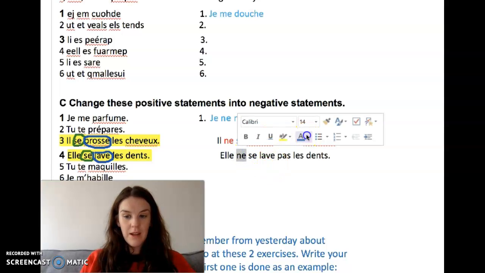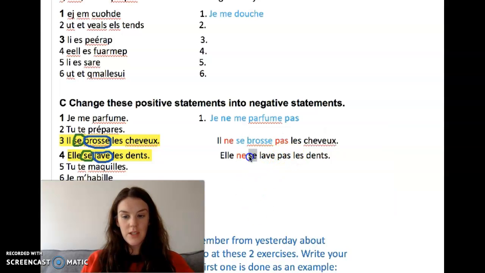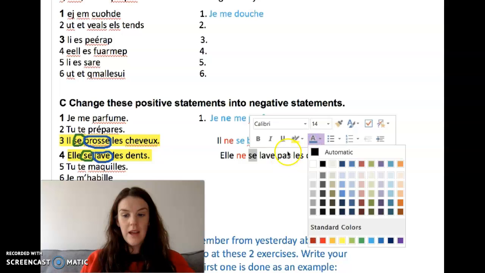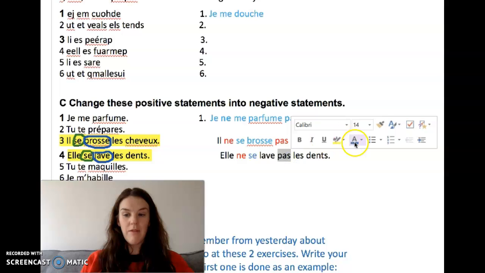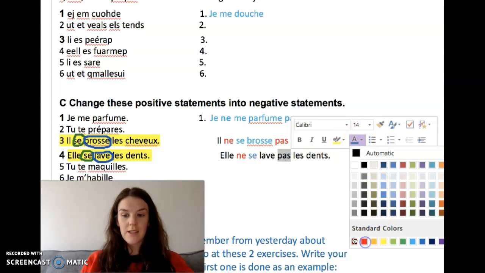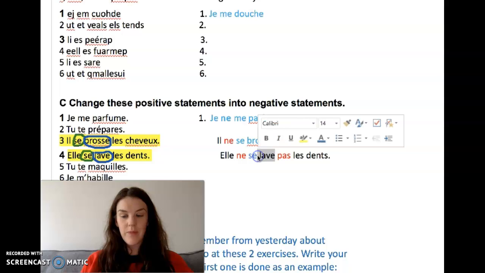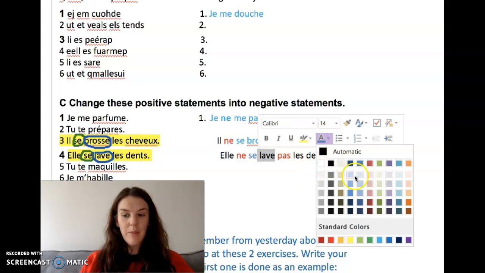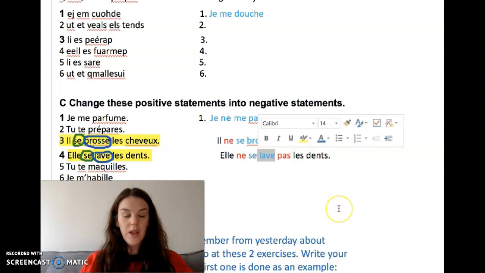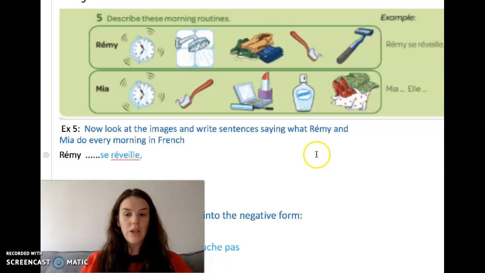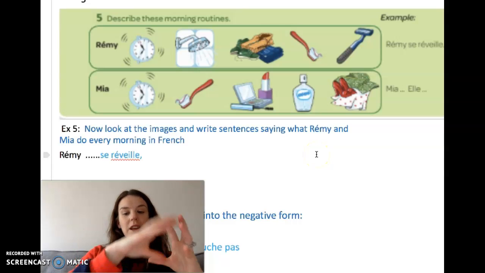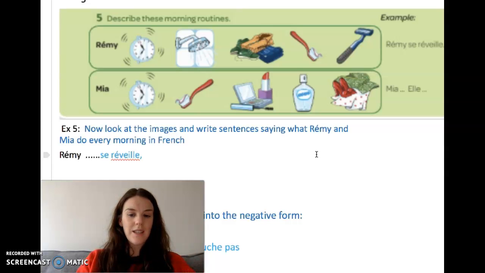So my ne goes before the reflexive pronoun, which is in this case se, and pas goes after my verb, which in this case is lave. So have a think about this when you are maybe doing je me regarde dans la glace, and have a think how you could form that into a negative.